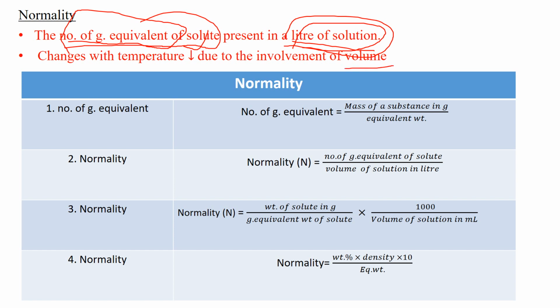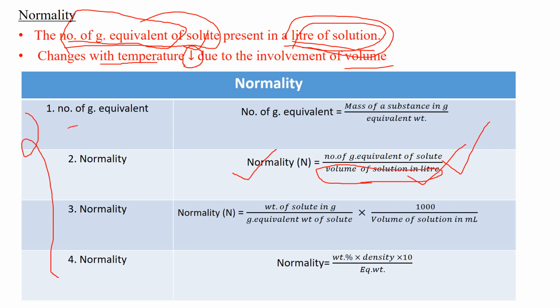Here is the general formula for the calculation of normality, with volume of solution in liters. Due to the involvement of volume in the calculation of normality, the normality changes with temperature. In general, normality decreases with increase in temperature, right? Normality decreases with increase in temperature. And here are different formulas for the calculation of normality.